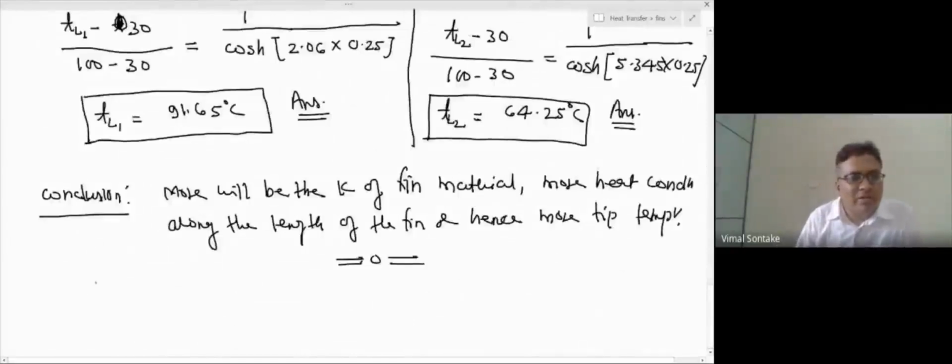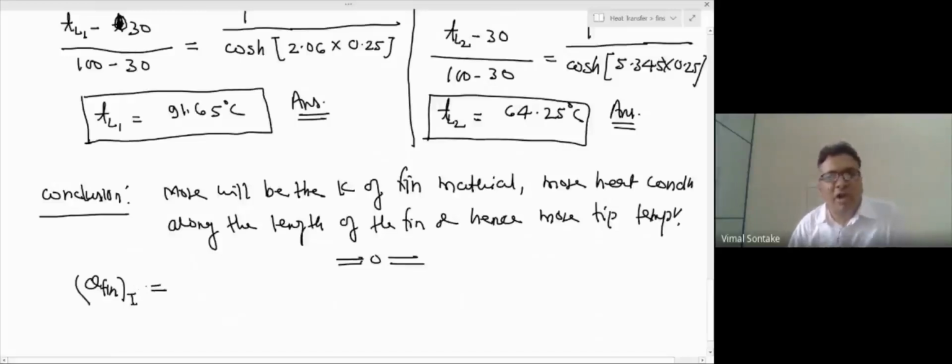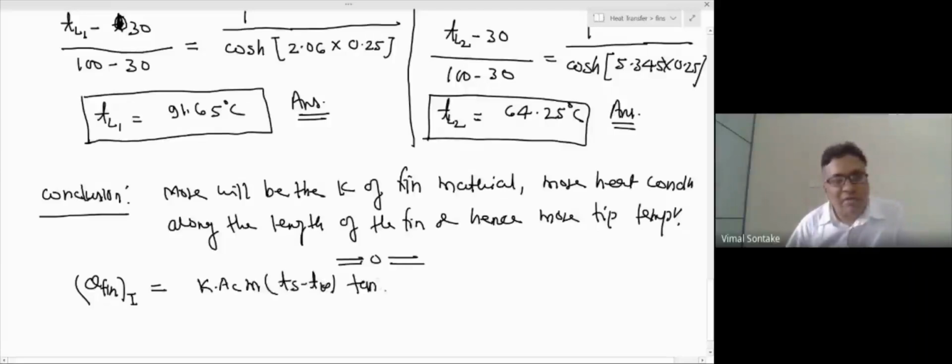So how to calculate? If an insulated tip fin is attached to this steam vessel surface, how can I calculate heat transfer rate by such a fin made up of either copper or steel? Once again, refer to the data book. One formula is given, and that formula is K into AC into M into (Ts minus T infinity) into tanh of ml.